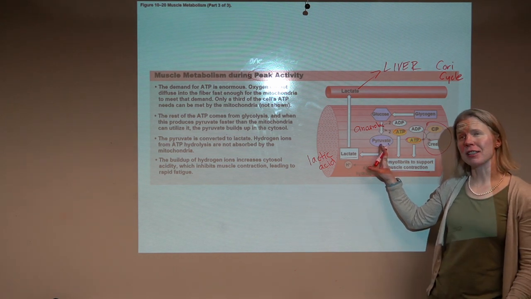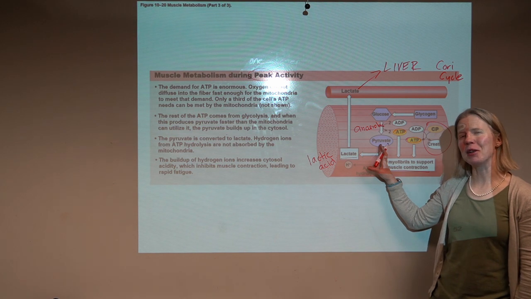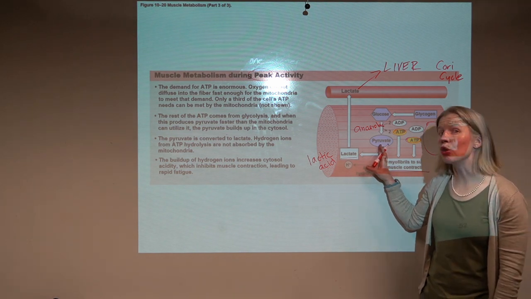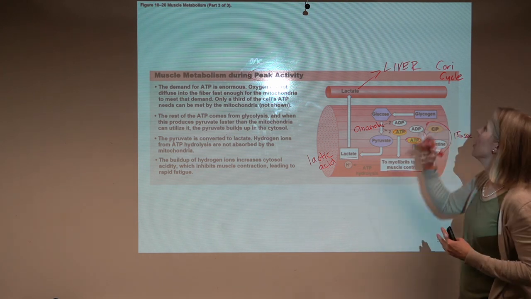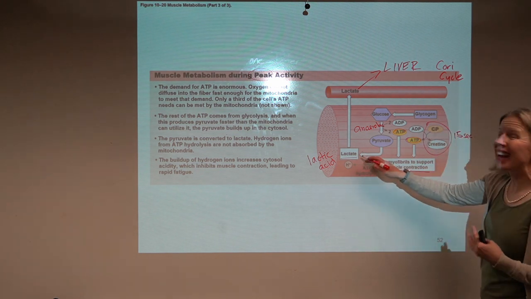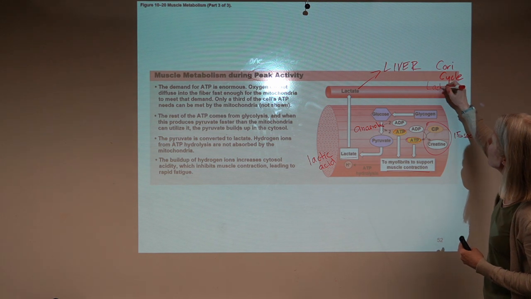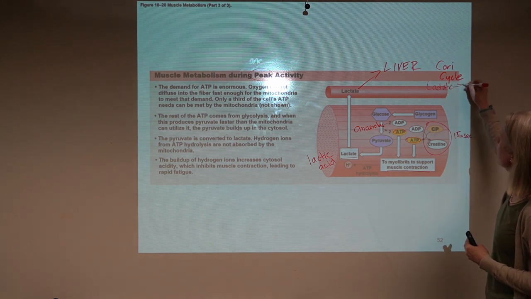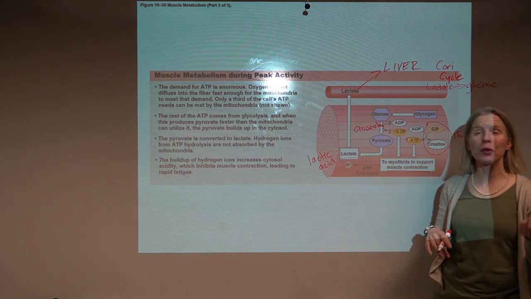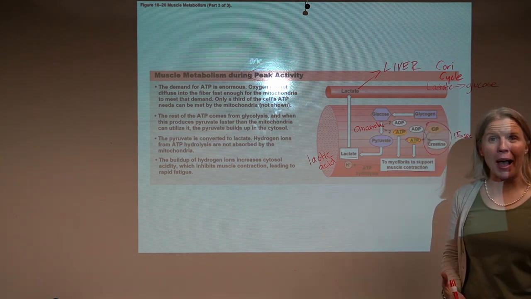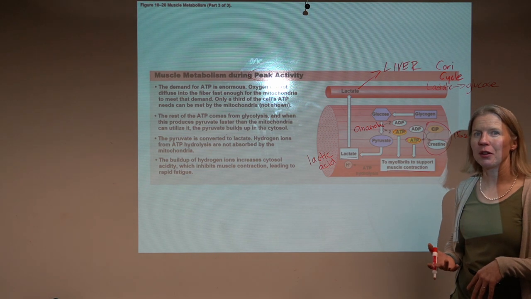The liver does, you'll get this in A&P too, a process called gluconeogenesis, where it can produce glucose. So in the Cori cycle, we're taking lactate from all these muscles and converting it into glucose. That glucose then goes into the bloodstream and comes right back to the muscles.